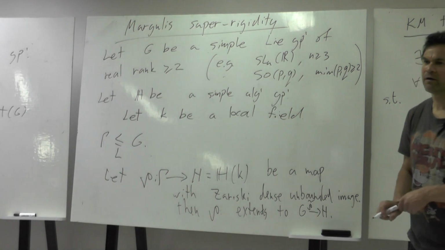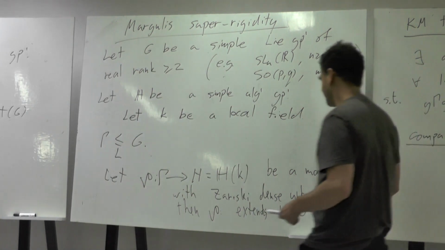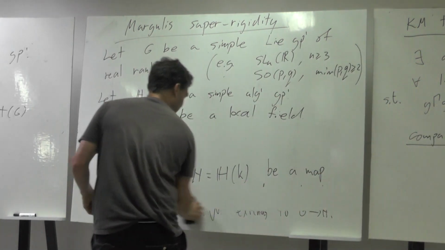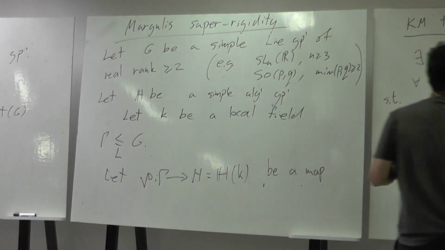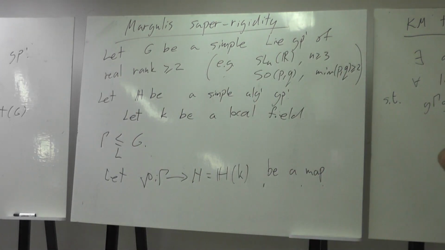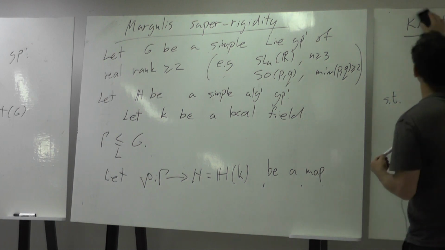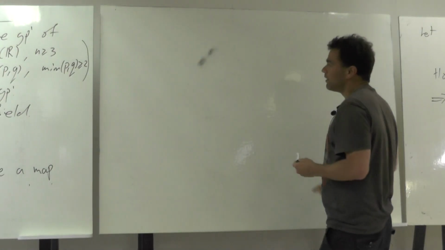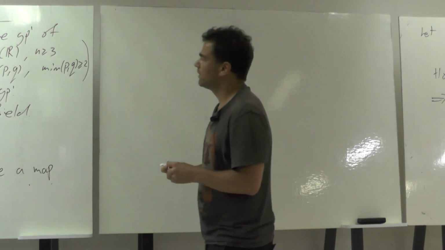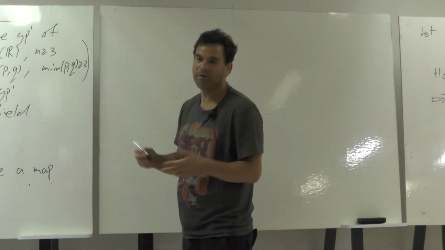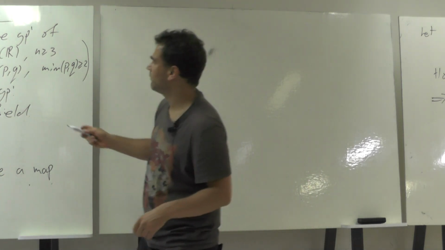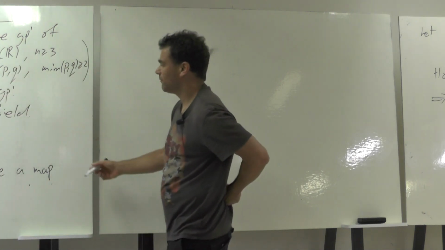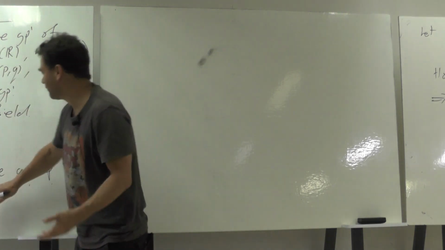So you have a representation from the lattice to some simple center-free algebraic group over a local field. No, you don't know that, but it will follow.